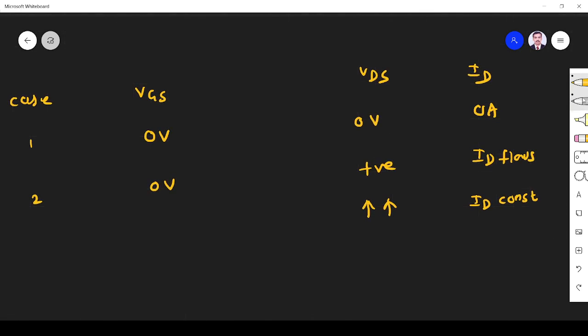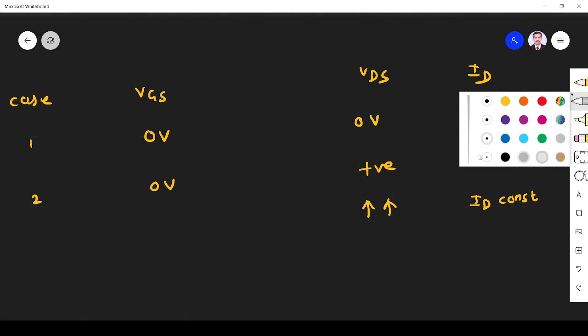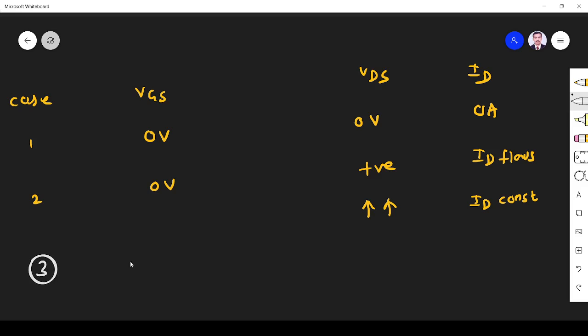In the next case, what we studied: when VGS is negative and VDS is positive, what happened? The channel, ID starts decreasing. At one point, the channel is removed.